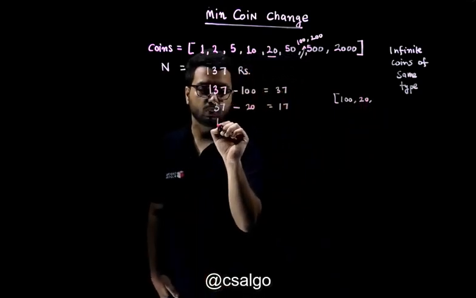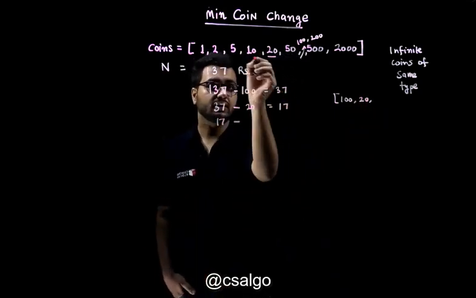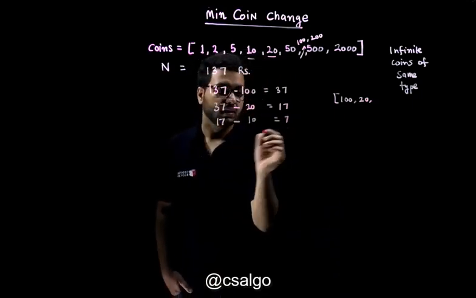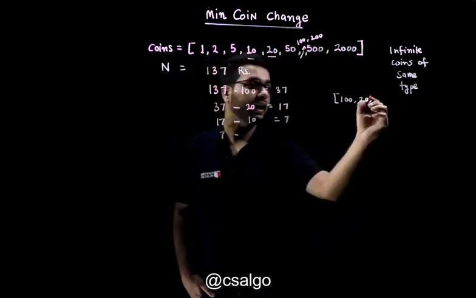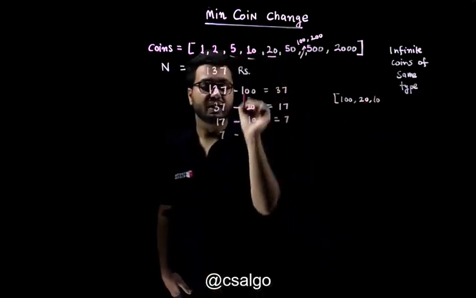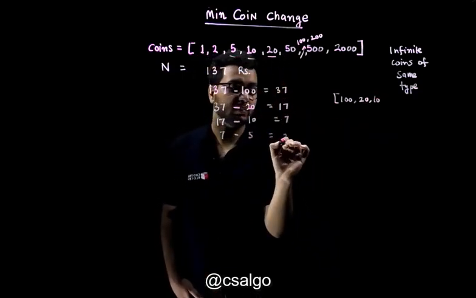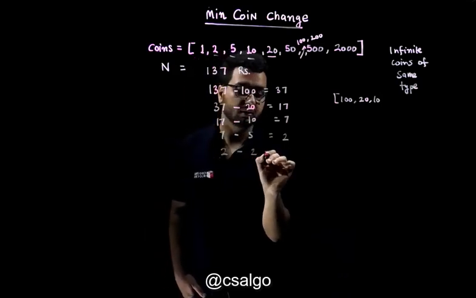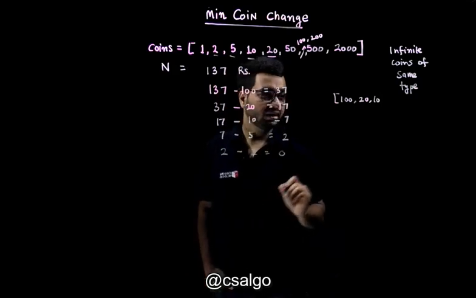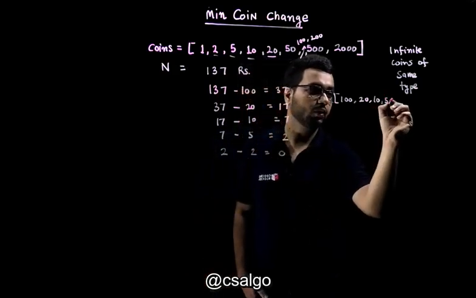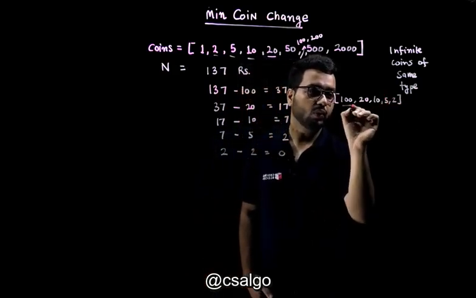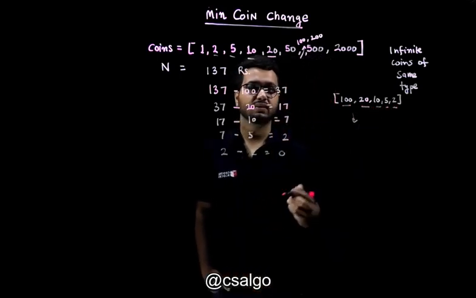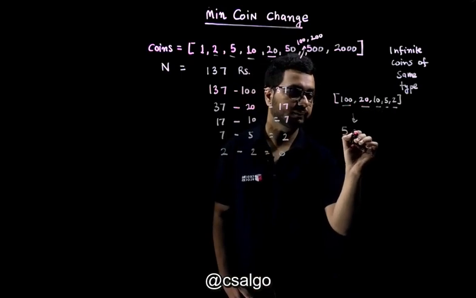Now to make 17 rupees, the lower bound is 10, so I'm left with 7 rupees. And to make 7 rupees, I can pick 5, and I'm left with 2 rupees. To make 2 rupees, I can pick 2 rupees to get 0, right? So you can see, you can pick 5 followed by 2, right? So you need 1, 2, 3, 4 and 5. So the minimum number of coins you need is 5 coins, right?